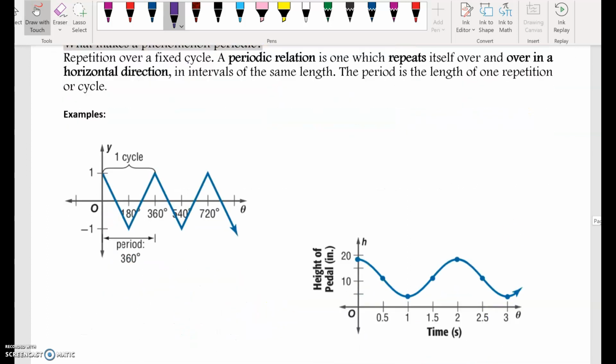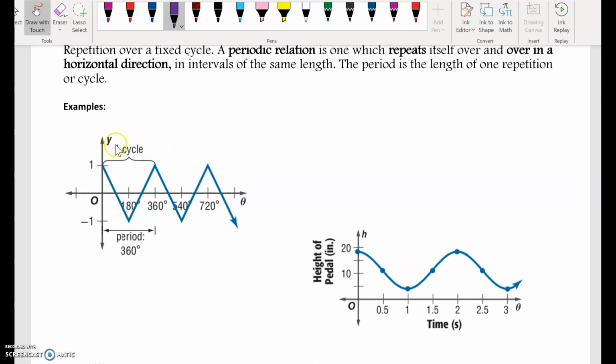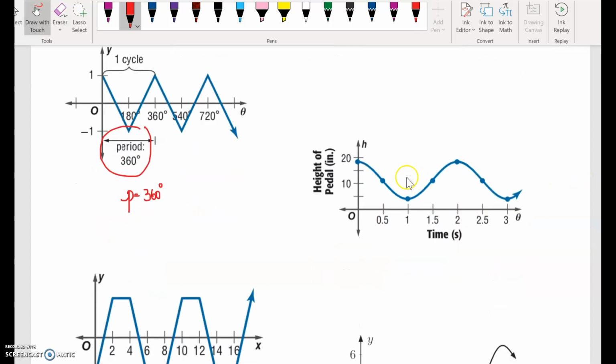So let's take a look at some of these examples. The first one shows that one cycle is 360 degrees. So a period in this case would be 360 degrees. So here P equals 360 degrees, the length of one cycle. Now let's look at another example.